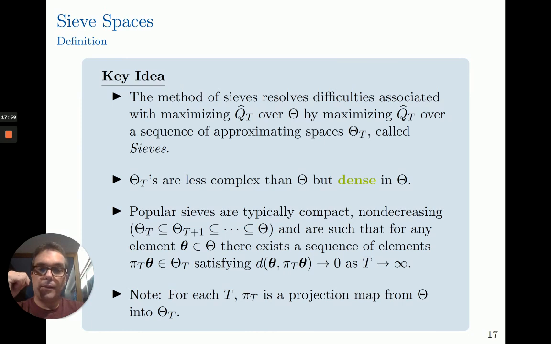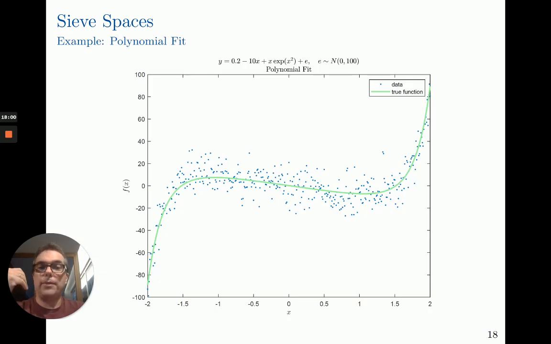It looks complicated, but look at this example, just to give you an idea of what I'm going to show you. The blue dots are the data. This is a scatter plot of x against y, and we have a very nonlinear form here.